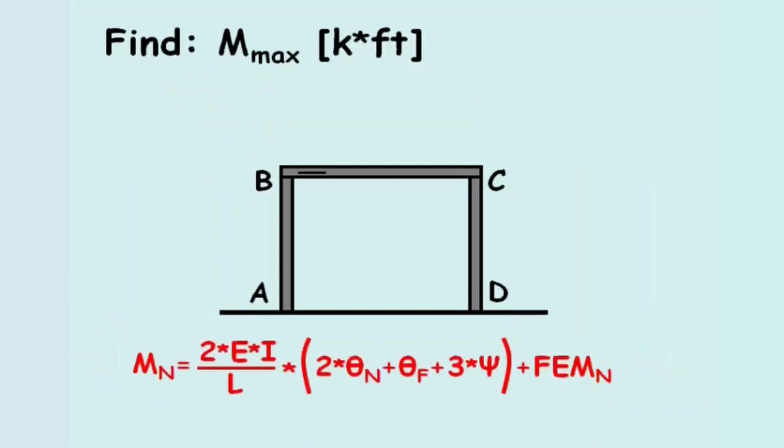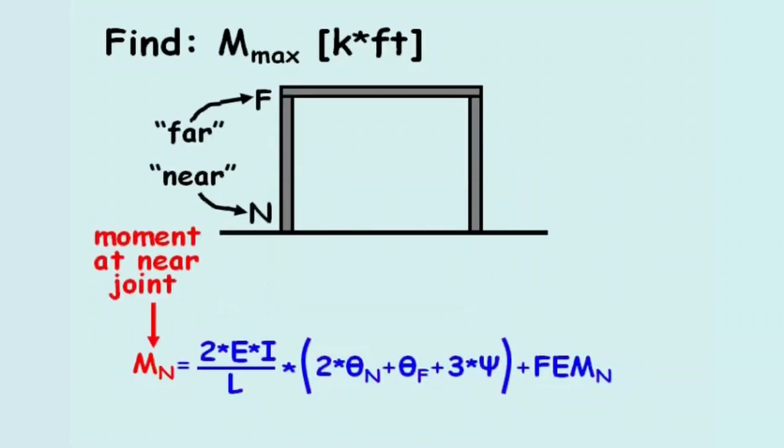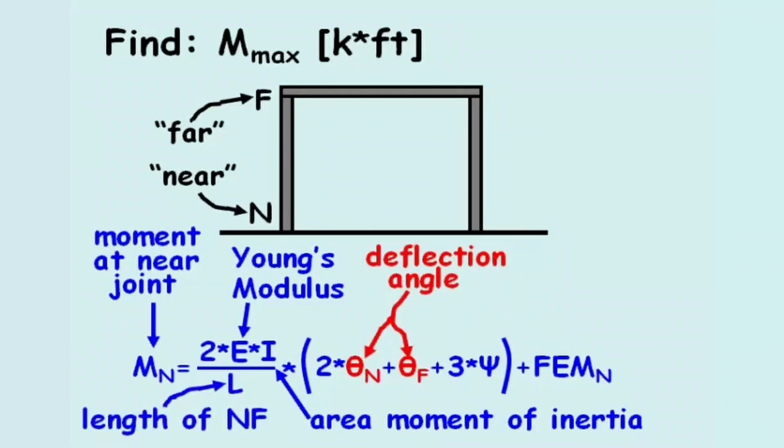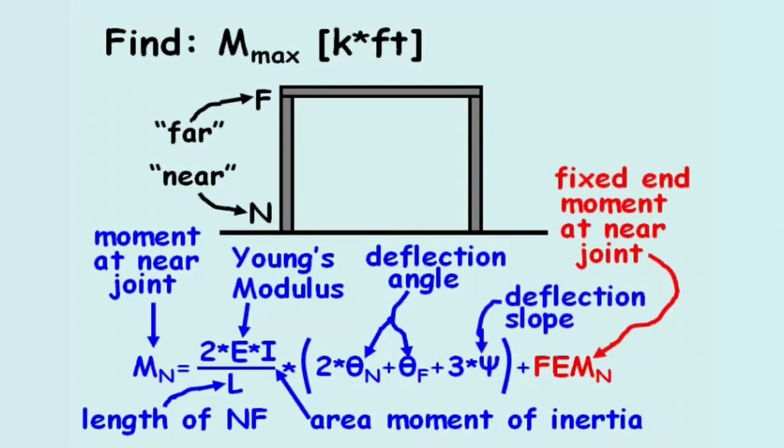To do so, we'll use the slope deflection equation for fixed connections, where the moment at the near connection, Mn, equals 2 times the Young's modulus, E, times the area moment of inertia, I, divided by the length of member, L, times the quantity, 2 times the deflection angle of the near joint, theta n, plus the deflection angle at the far joint, theta f, plus 3 times the deflection slope, psi, all added to the fixed end moment at the near joint.